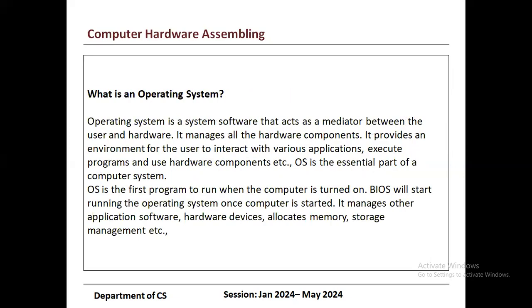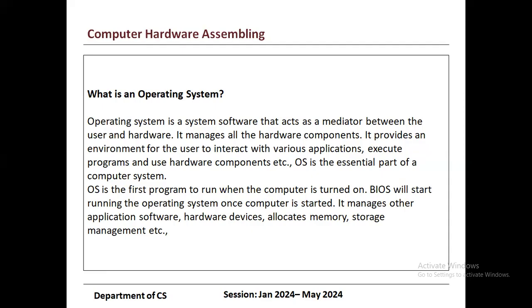So in this slide, I will discuss what is an operating system. An operating system is a system software that acts as a mediator between the user and hardware. It manages all the hardware components. It provides an environment for the user to interact with various applications, execute programs, and use hardware components, etc. Operating system is the essential part of a computer system.